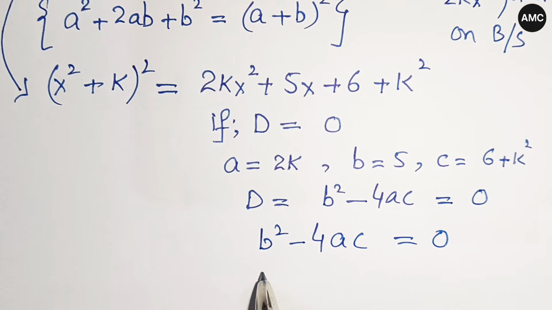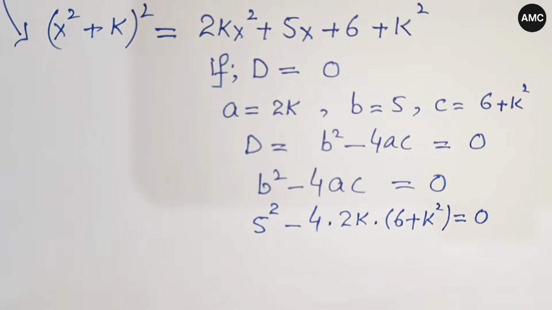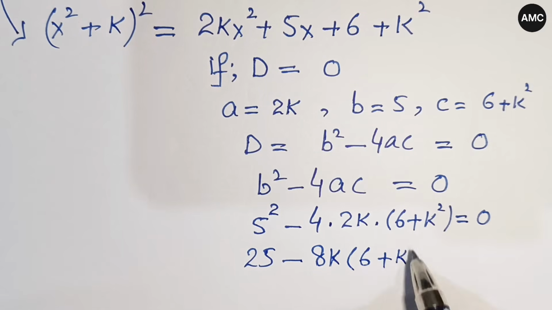Now b is equal to 5, so it will be 5 squared minus 4 times a, which is 2k, and c, which is 6 plus k squared, equal to 0. Here 5 squared is 25, and 4 times 2 is minus 8k times 6 plus k squared, equal to 0.